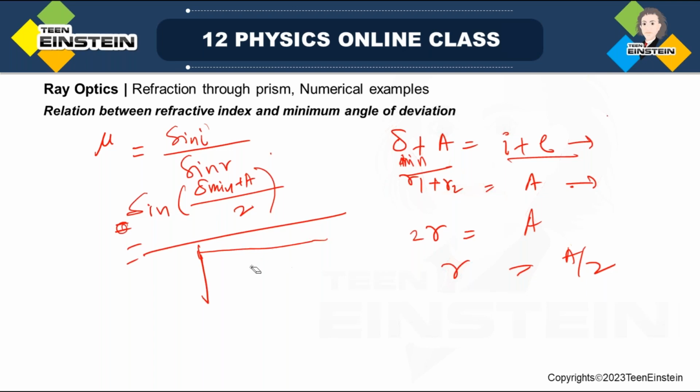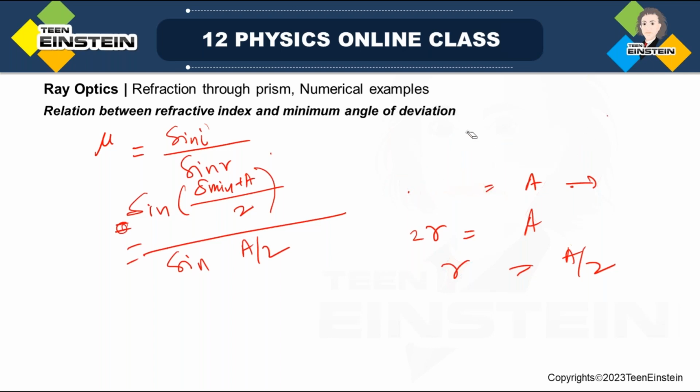Okay, so this part is done. Sine r means what? Sine r means sine A by 2. So this is actually the formula for finding out refractive index of any prism.